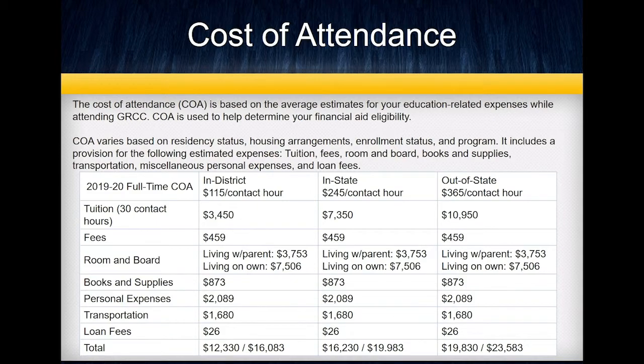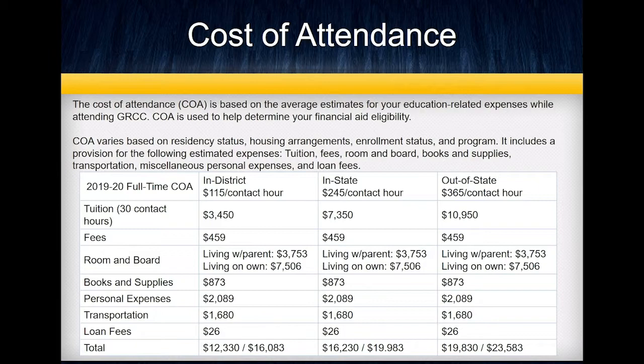Taking a look at the cost of attendance, you will see this is also found on our website at grcc.edu/financial aid and scholarships. Our cost of attendance is out there for students to take a look at. As you will see, the cost varies based on whether the student is in district, in state, or out of state. In district are those students who live within the Kent County Intermediate School District.